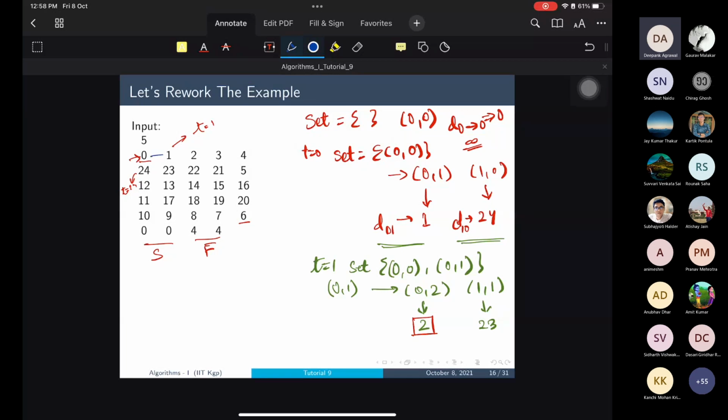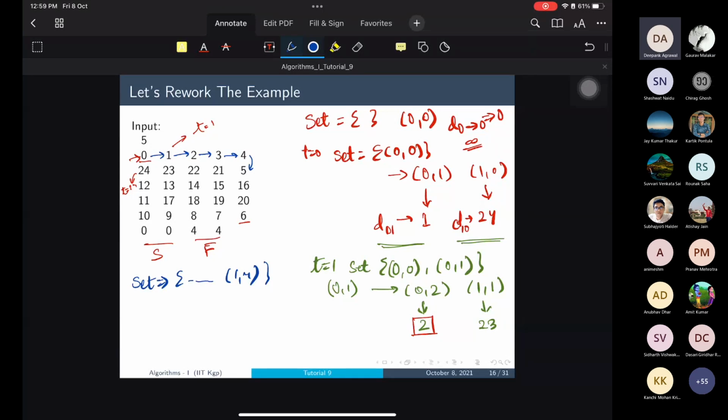Okay, and similarly we will move from here to here to here to here and then to here. When we are at 4, there is only one unvisited neighbor of 4, that is 5, right? Okay, and now when we are at 5, the visited set looks like everything, and this 1, 4, right?